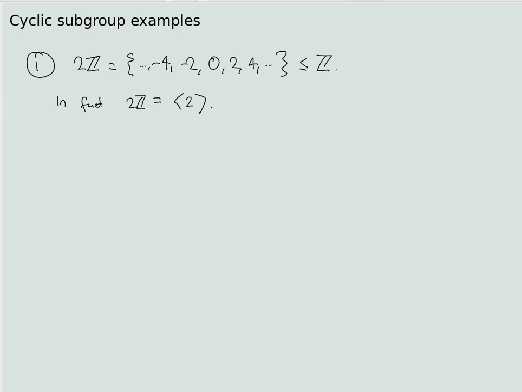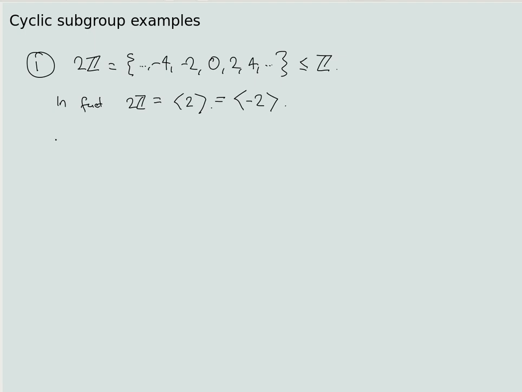And if you combine the inverse of 2, that's minus 2, with itself, you get minus 2, minus 4 and so on. So the set of all powers of 2, according to our definition, really is this set 2Z. So this subgroup is the cyclic subgroup generated by 2, but what's more, it's also the cyclic subgroup generated by minus 2. You should think about why that's the case.